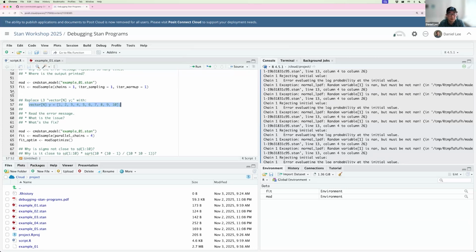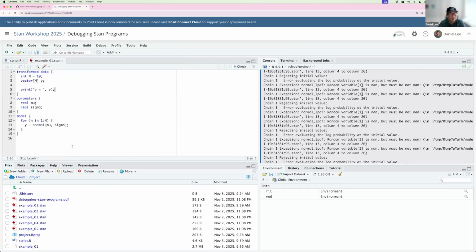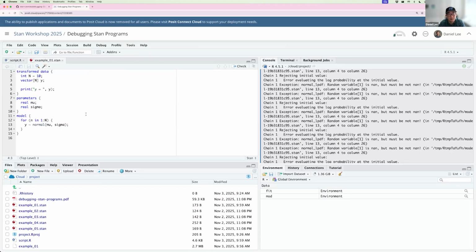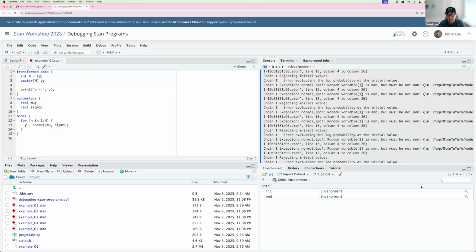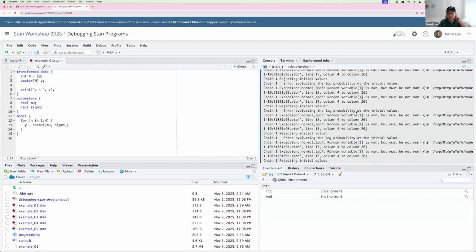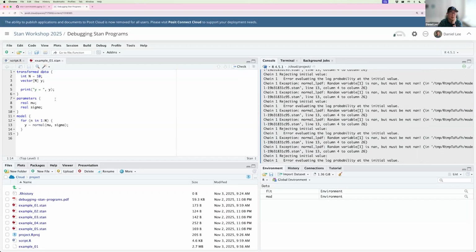Any questions so far? No questions. Okay. Let's talk about blocks real quick. So this is in the transformed data block. The transformed data block runs exactly once per execution, per time you run the Stan program.